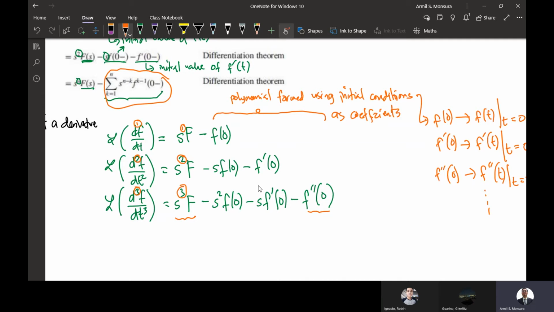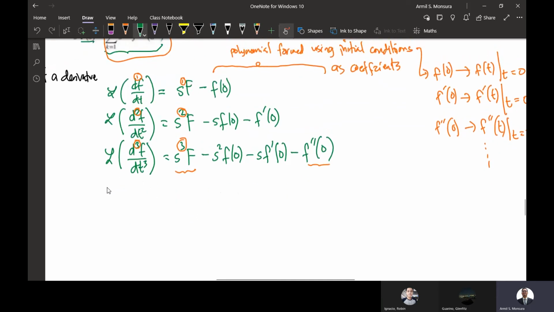And so on. So, i-expand pa natin yung isang beses para makuha natin yung pattern. Yung Laplace transform, for example, ng fourth derivative ng f with respect to t. Again, this will start with s to the fourth times F. Minus, kung s to the fourth ito, susunod dyan is s cube times f of 0. Ang susunod dyan ay s square times f prime of 0.